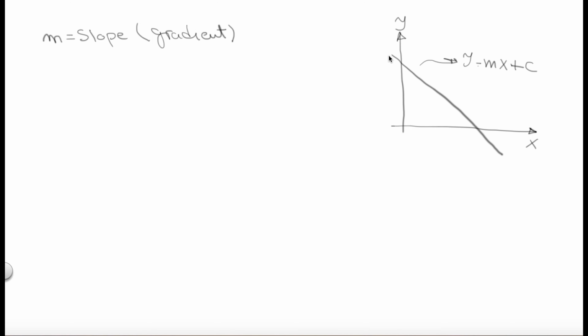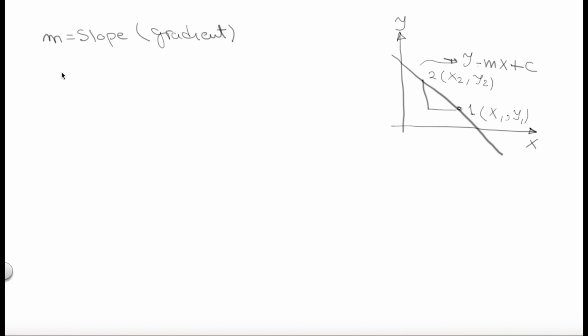It is how this line is lying, or the slope of it. Okay, let's say this is point 1 and this is point 2. Point 2 has coordinates x2, y2, and point 1 has coordinates x1 and y1.